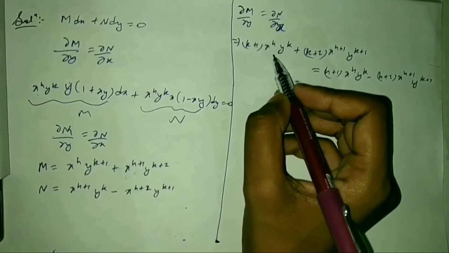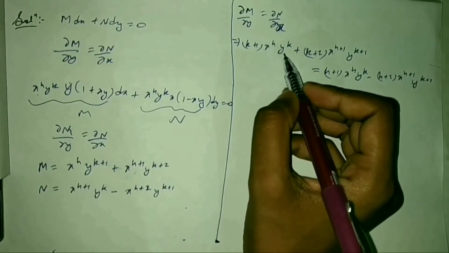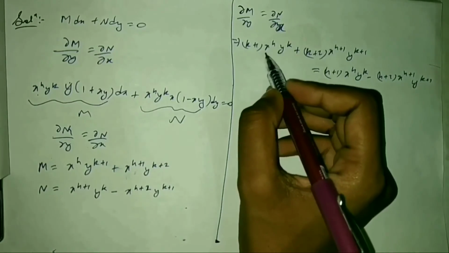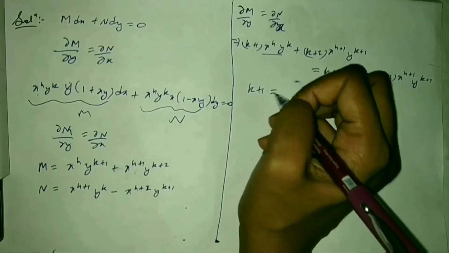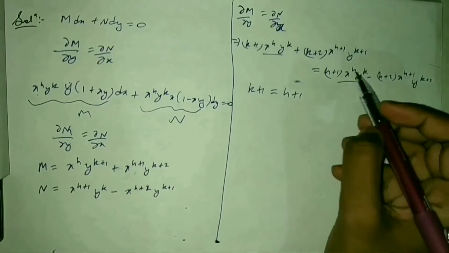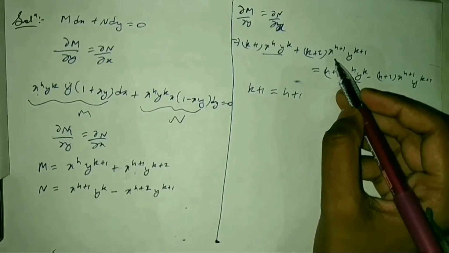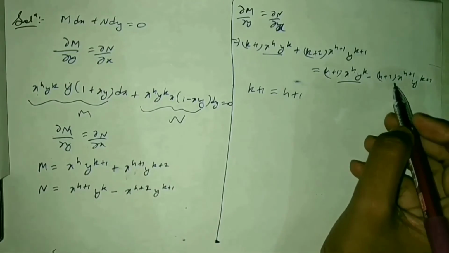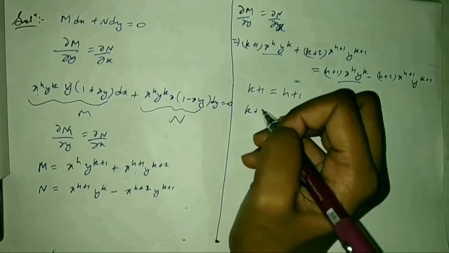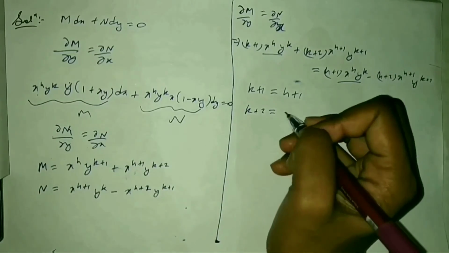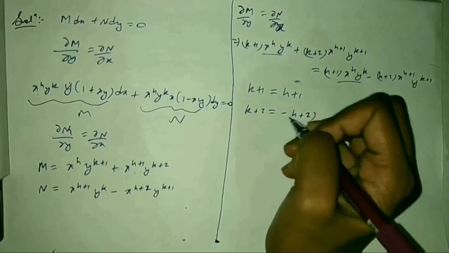Comparing the coefficient of x^h y^k on both sides, we get k + 1 = h + 1. Similarly, comparing the coefficient of x^(h+1) y^(k+1) on both sides, on the left hand side we get k + 2, which will be equal to -(h + 2).